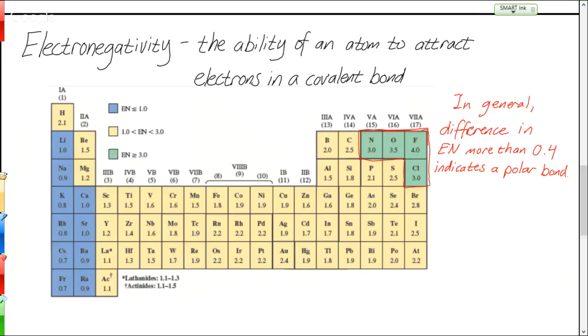So if we want to figure that out, we could take something like HCl and ask, is it going to be lopsided? Is it going to be polar or not?